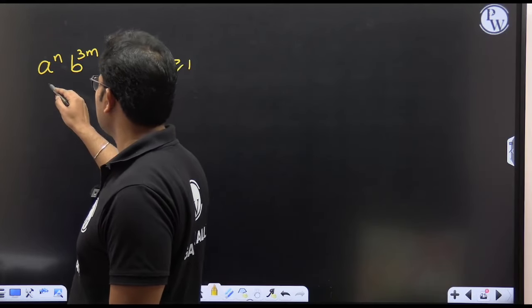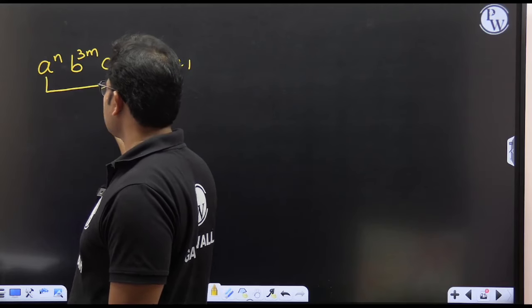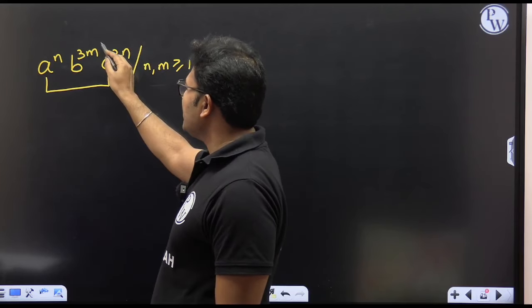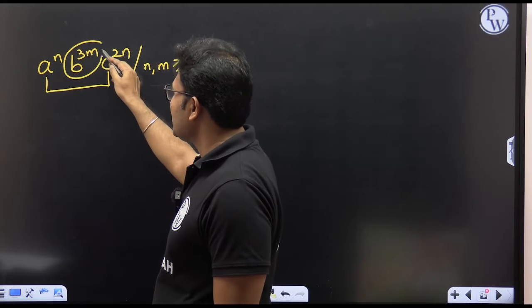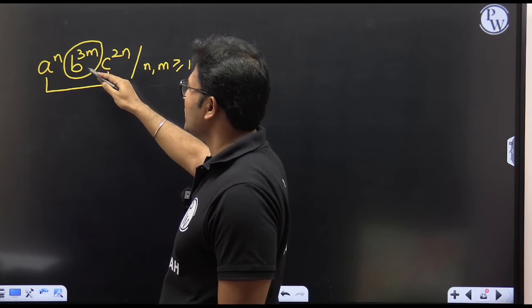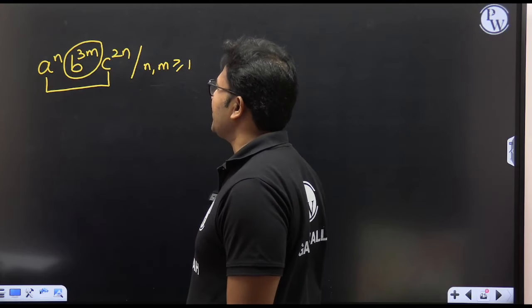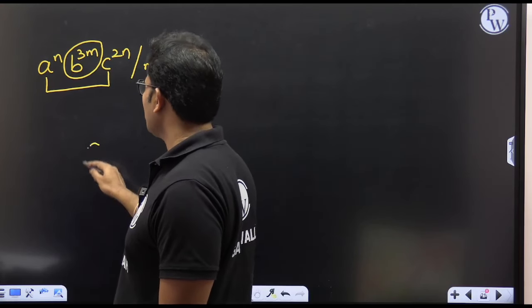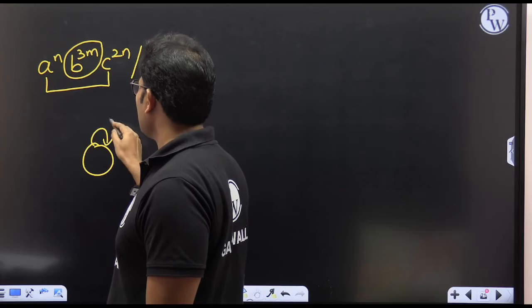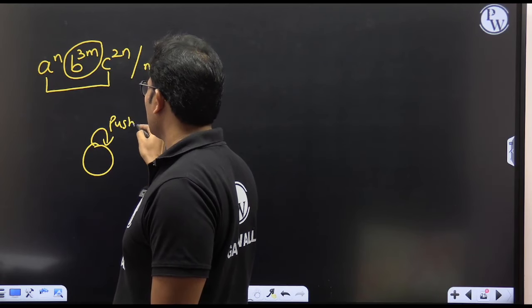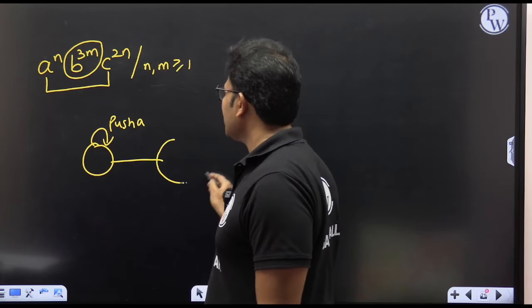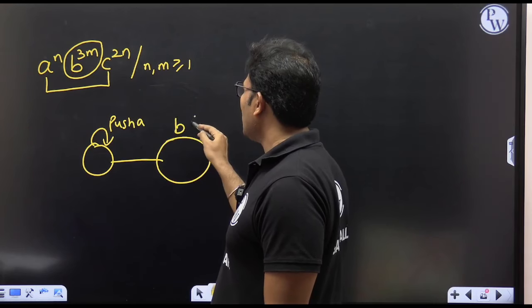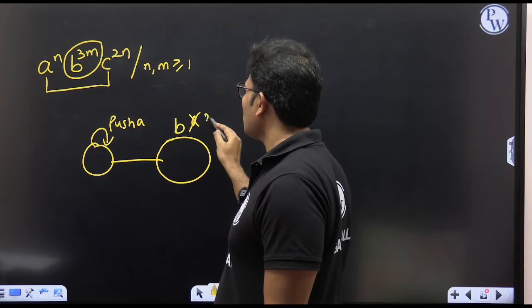Here, A's and C's can be compared, and in between A's and C's there can be B's, not any number; the number of B's should be a multiple of 3, right? So what do you do? You push A's first, and then you check that the B's are a multiple of 3.